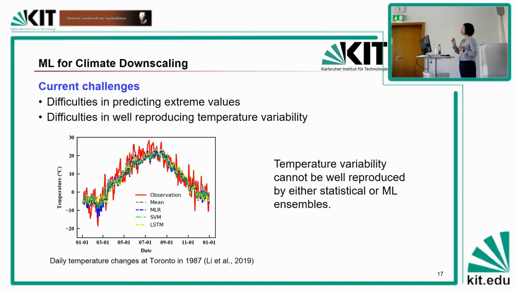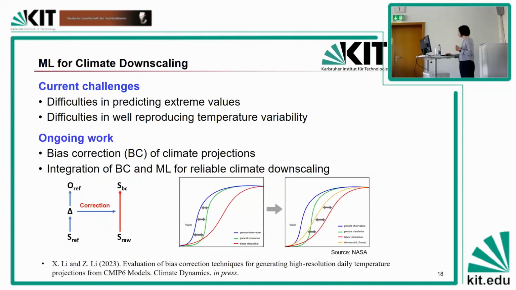This is because the cost function in machine learning is to minimize the sum of errors. By predicting a mean value, sort of an average value, we can best minimize the sum of errors. And that becomes a problem if you want to capture the variability of temperature.